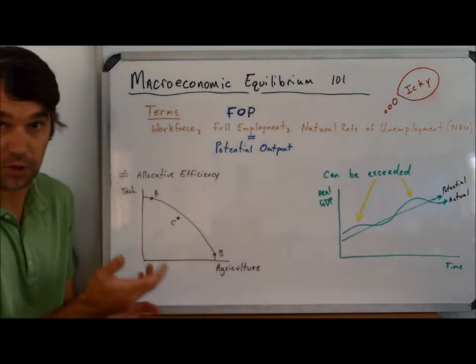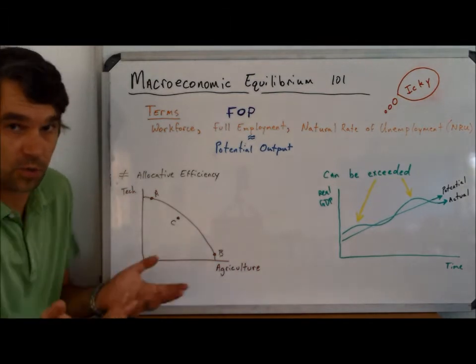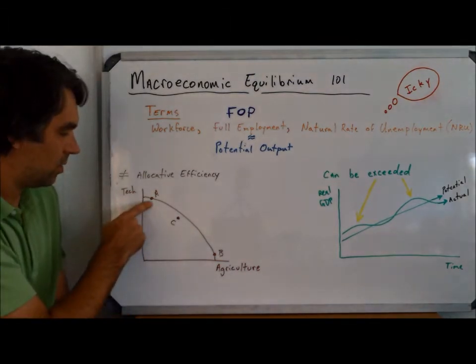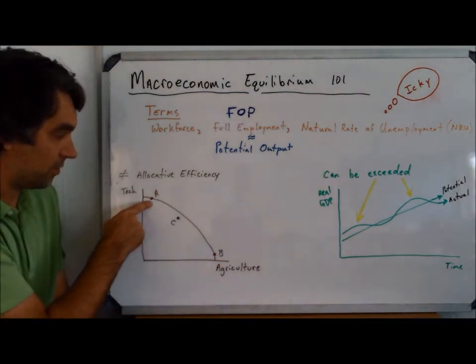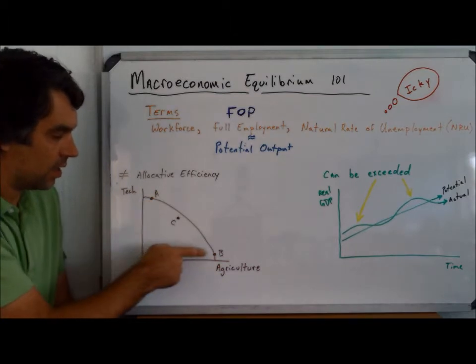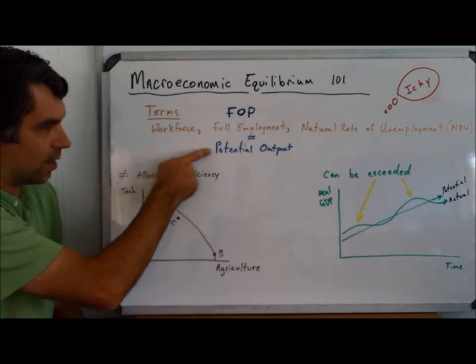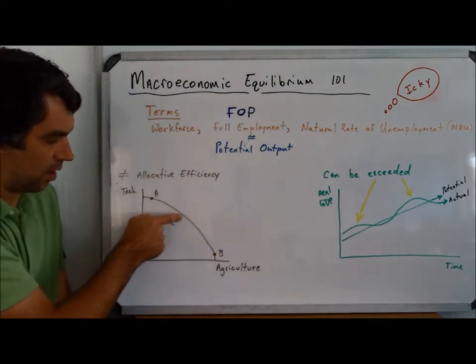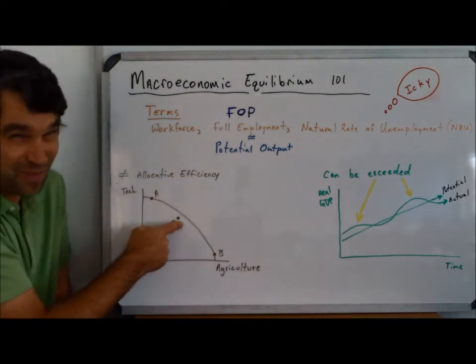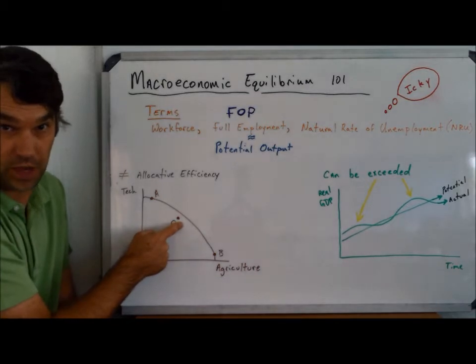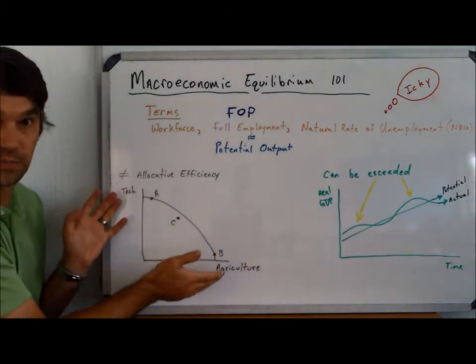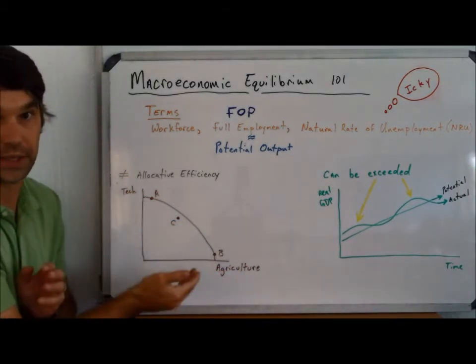Perhaps there's not enough food, maybe too many computers, whatever, okay? So we don't see allocative efficiency at A necessarily, nor do we see it at B. And even though at C we're not at our potential output, that is, we're not all the way on the PPC, it may actually be a more desirable situation because we have a more even split between these two possibilities, okay?